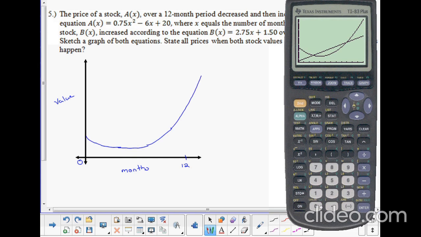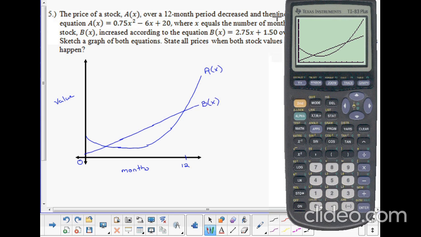Include labels for your axes. When you have more than one equation, include labels for your equations. So A of X would be the parabolic curve here. B of X would be my linear curve. And again, we're not looking for exact drawing here, but just a good representation.